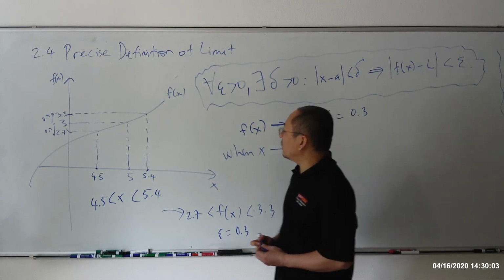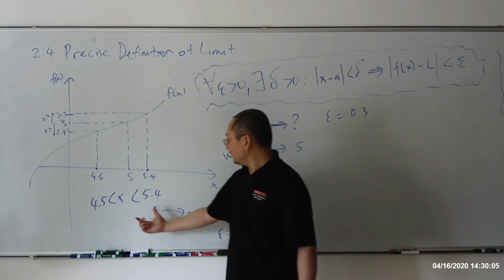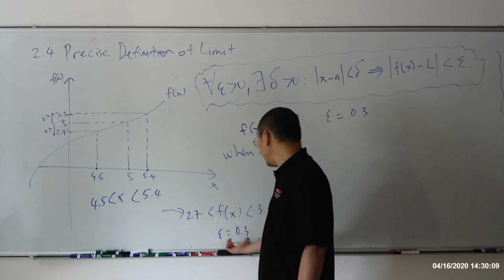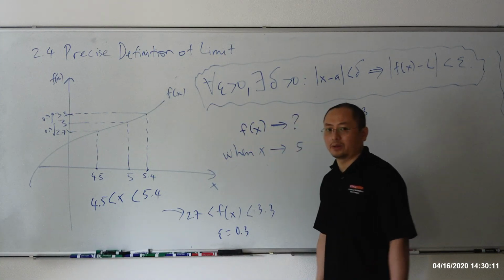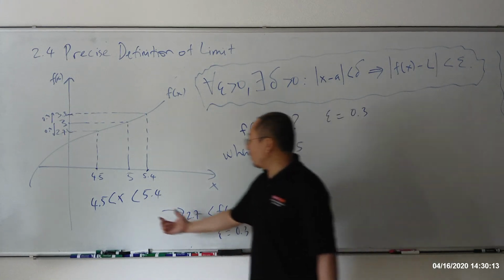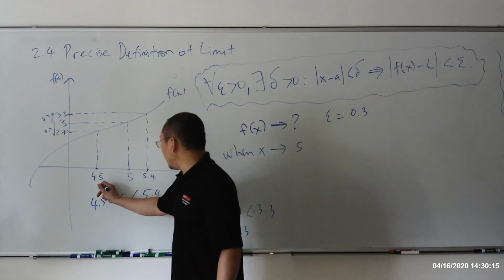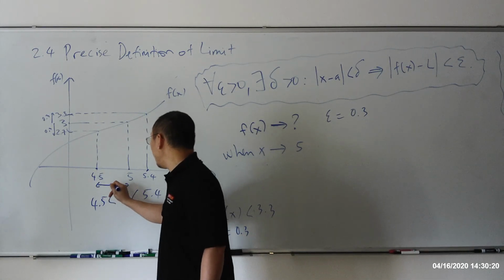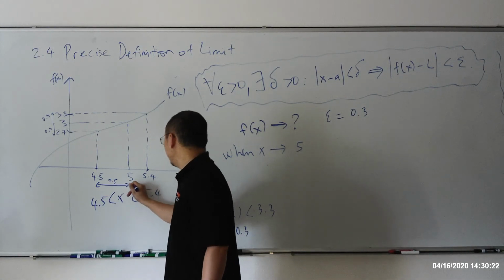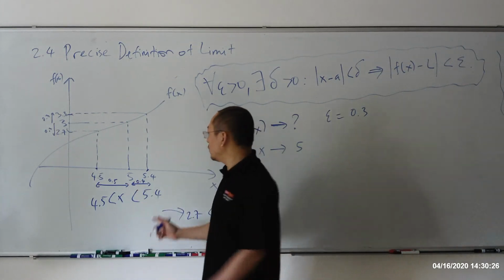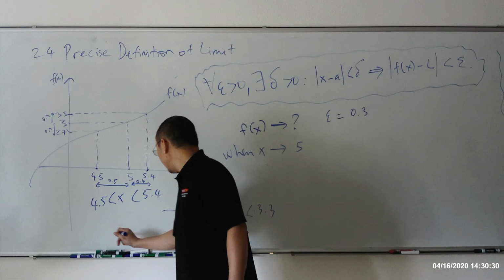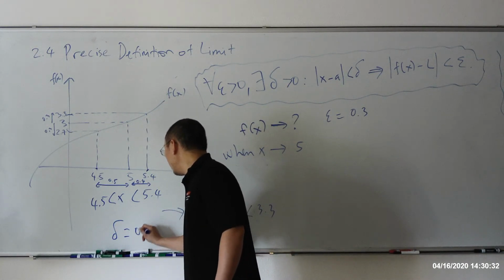Question, can you calculate delta? What is delta, such that f of x is somewhere between 2.7 and 3.3? So how do you find delta in here? You see that we don't have the same distance from 5. 4.5 to 5 is 0.5. 5.4 to 5 is just 0.4. We have to choose the bigger value between the two, so we choose delta equal to 0.5.